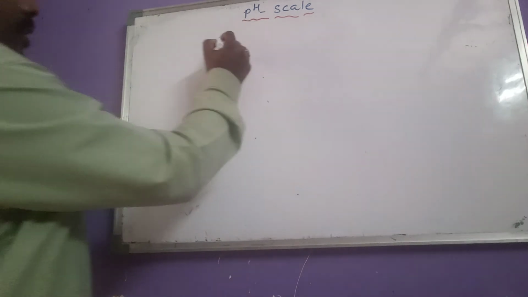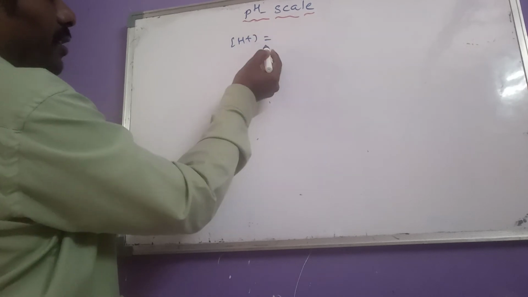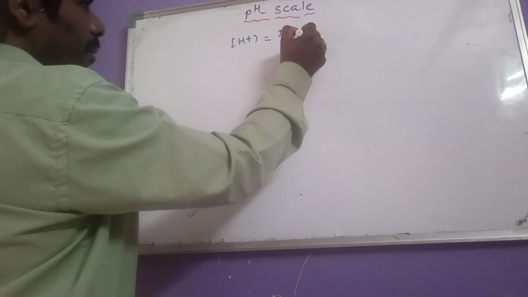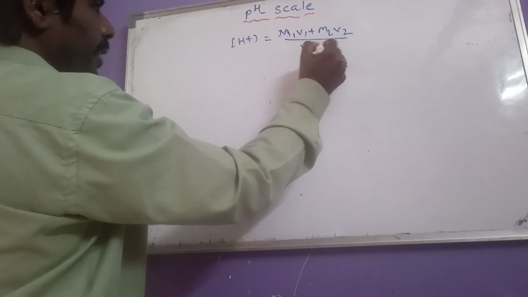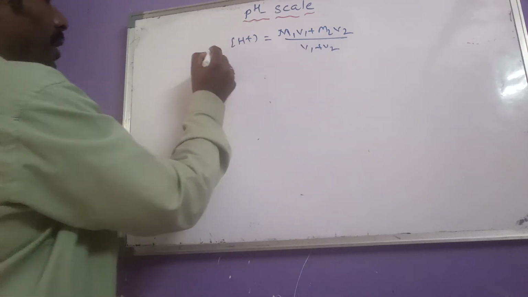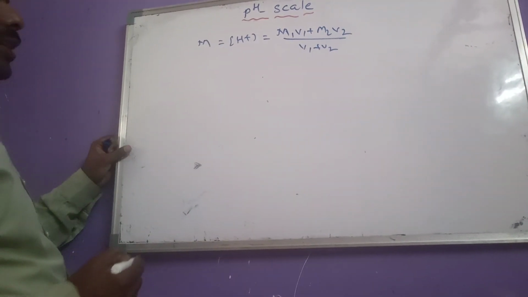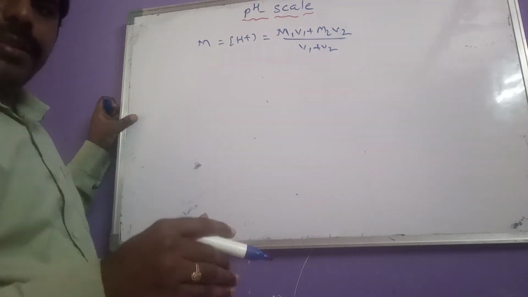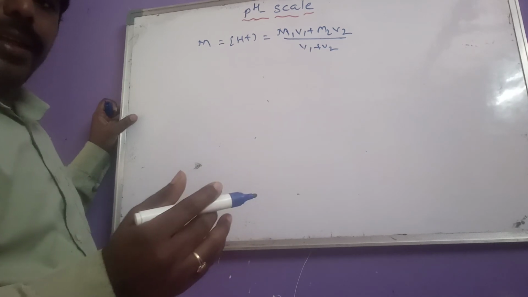At that time, to calculate the H plus or OH minus concentration, we have to use M1 V1 plus M2 V2 by V1 plus V2. This is the resultant solution molarity.